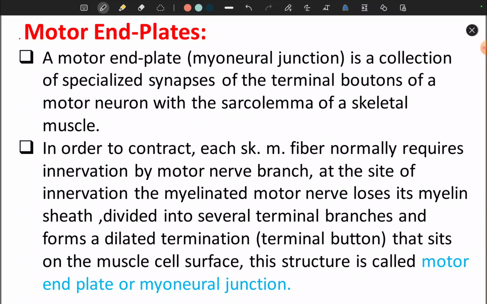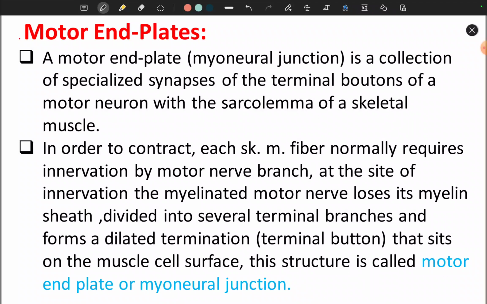It is a specialized synapse of the terminal button of a motor neuron with the sarcolemma. There is interaction between the nerve carrying electrical stimuli and the sarcolemma.